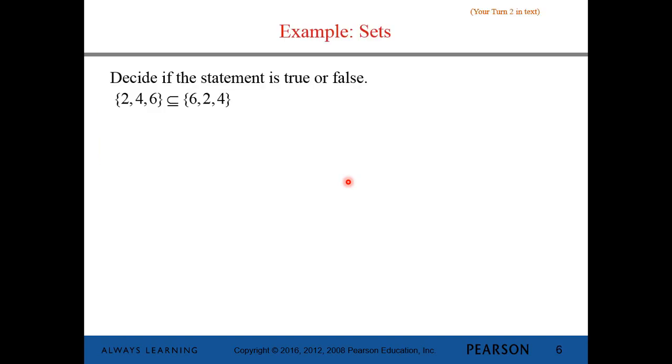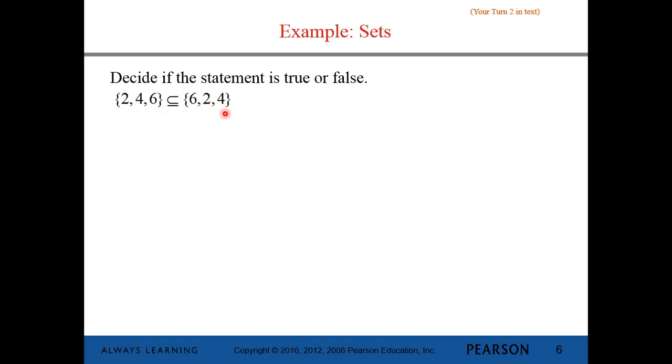Okay, so now here, it says decide if the statement is true or false. In this case, we've got this set and we've got this set. Is this set a subset of this set? Let's use the definition. This set will be a subset of this set if every element in this set is also an element in this set.